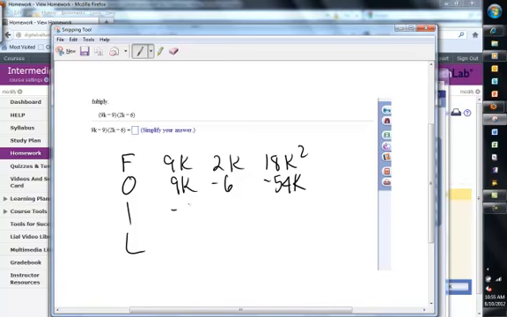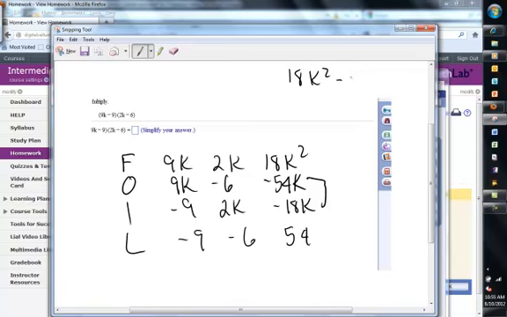Inside's negative 9 times 2k is negative 18k. And last, negative 9 times negative 6 is 54. So we have 18k squared minus 72k plus 54.